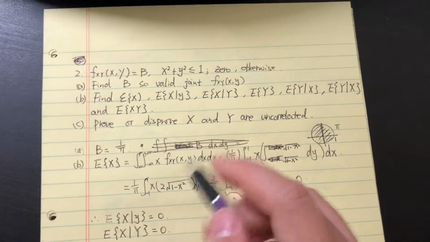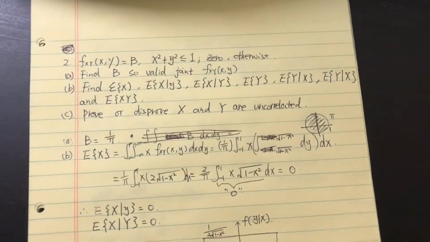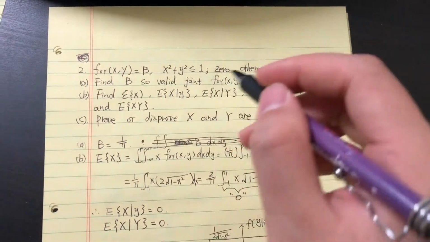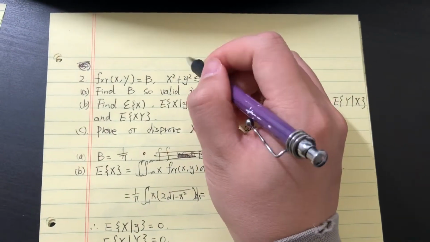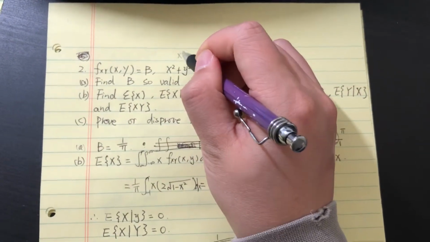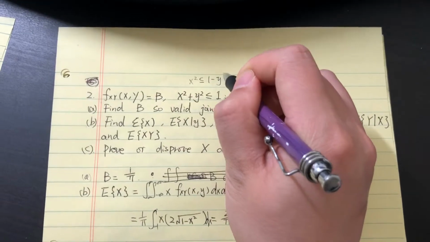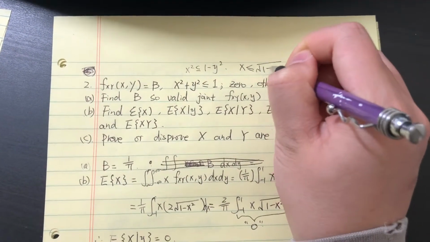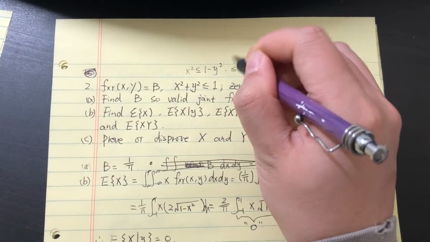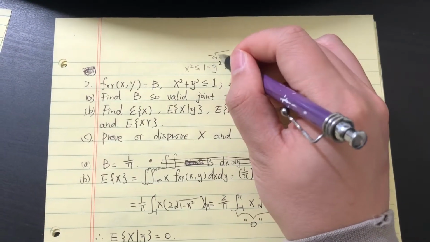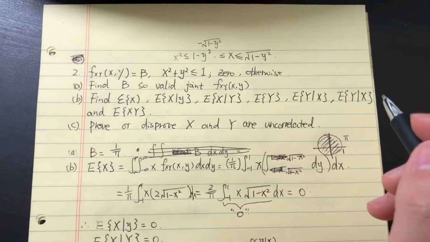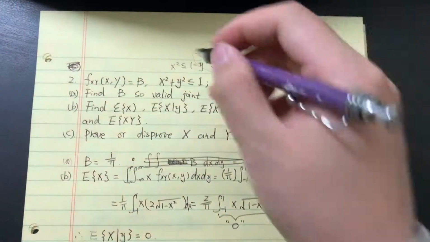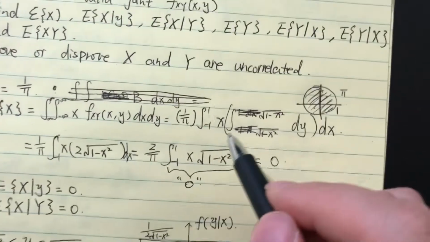And for the range of x, we can get that x squared is less than 1 minus y squared, so x is either plus or minus square root of 1 minus y squared, and y is the same.